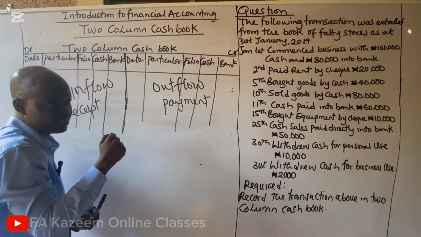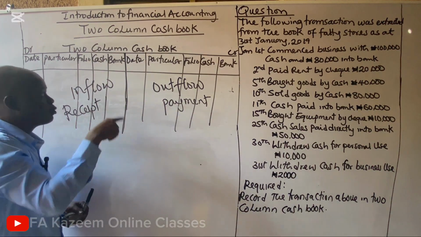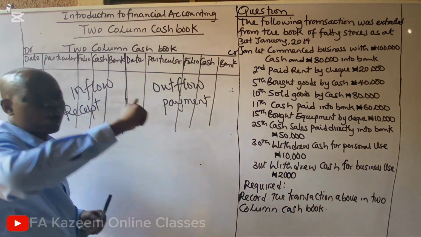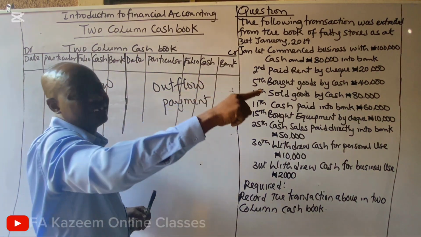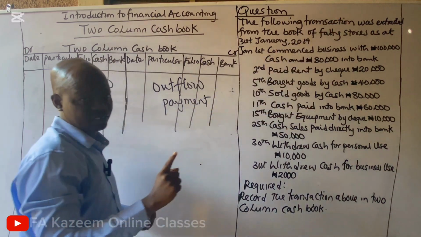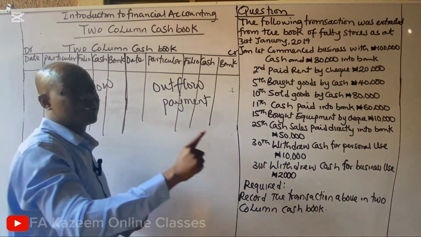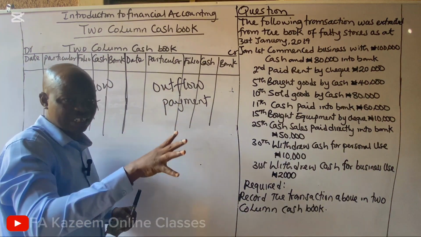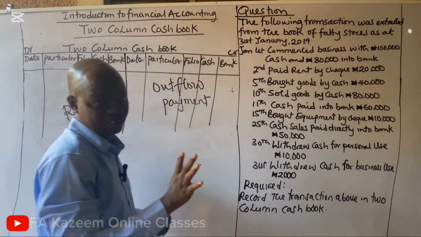Once there's an inflow, the customer records on the debit side of his cashbook. The bank will now record on the credit side of their bank statement. The bank statement is the bank book, kept by the staff of the bank.